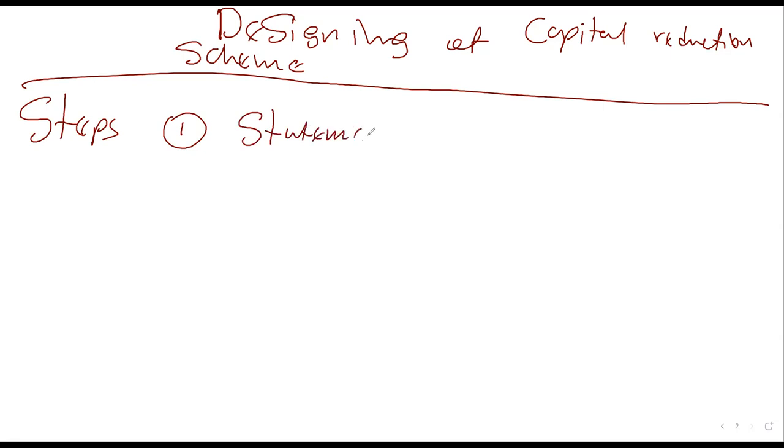So you prepare what you call statements of liquidation and the position of the key stakeholders. Statements of liquidation are purposely to explain the position of the key stakeholders in the event of liquidation. That's all.